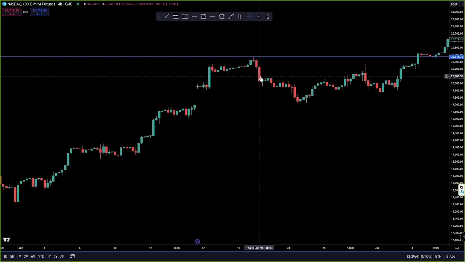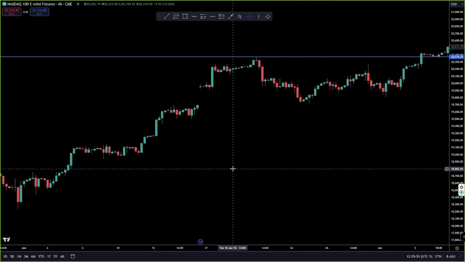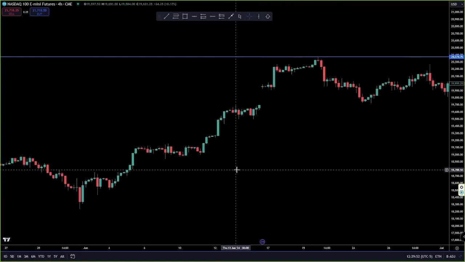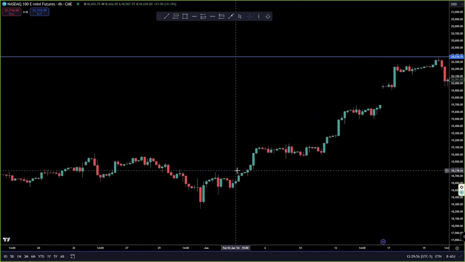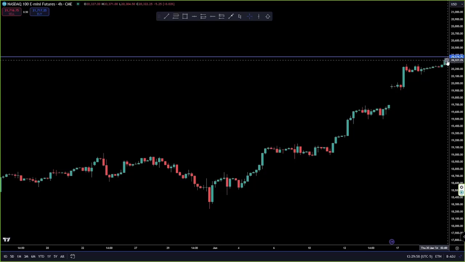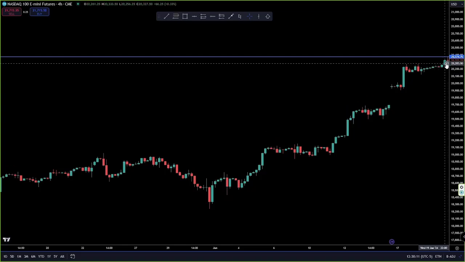June 20th was the high, and by the way, look at the candle: it's a wick candle with a doji at the bottom, so this would be a classic reversal. If we see something like this forming and then get this kind of close on the 4-hour candle, then we can pretty much expect price is going to drop down. Don't know for how long, but it drops down significantly.